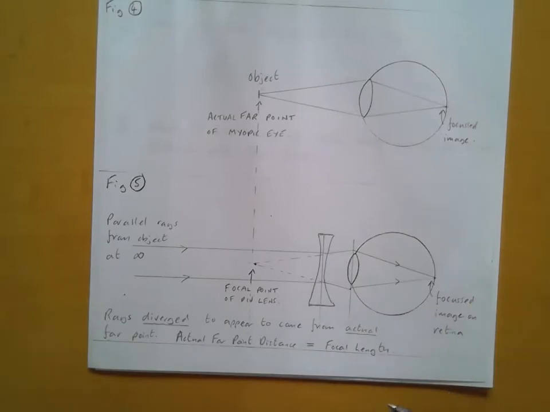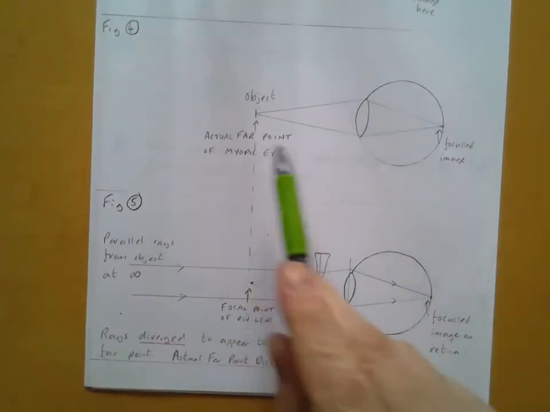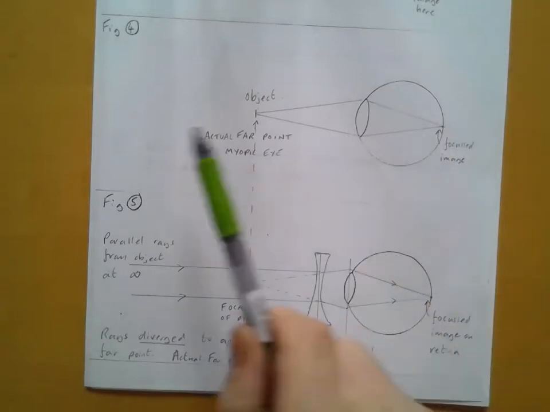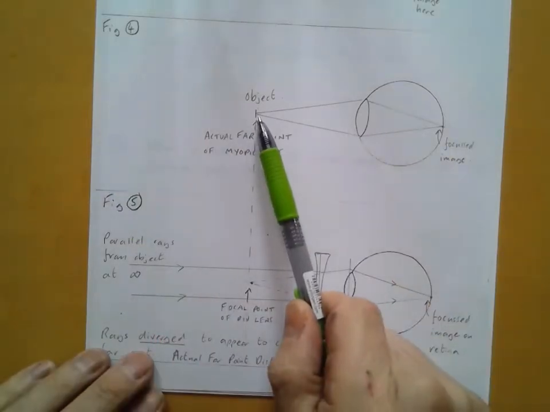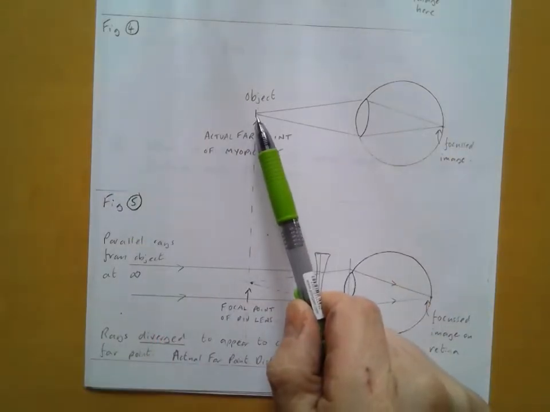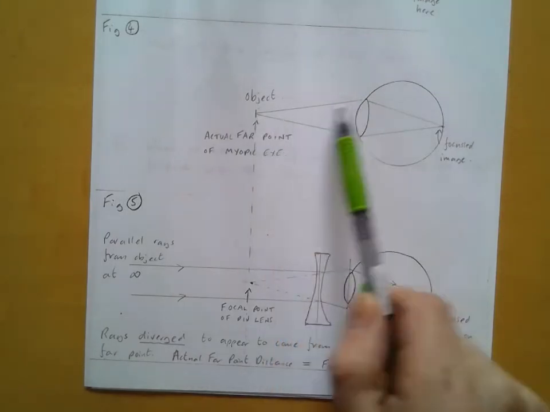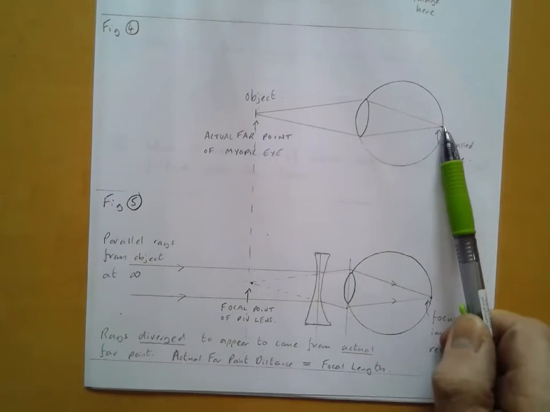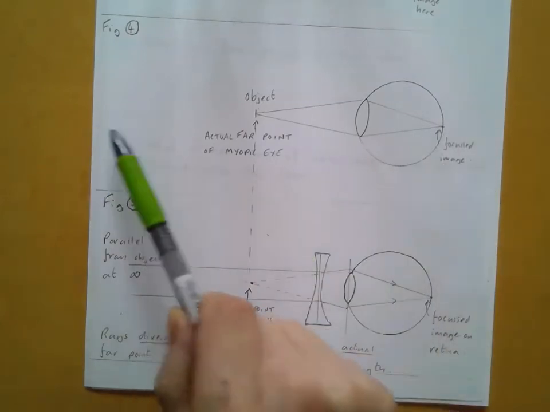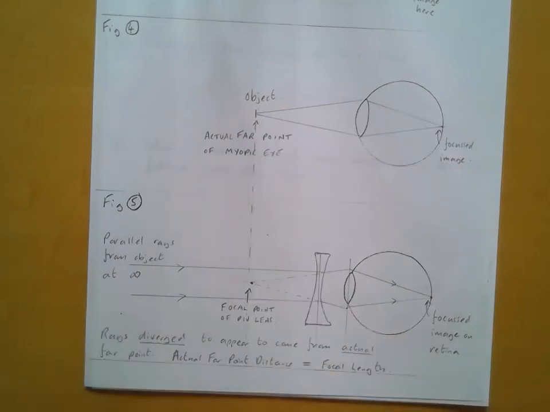Now, if you have an object much closer to the eye than infinity, then the eye can focus those rays on the retina. So the actual far point is much closer to the eye, and in the girl's case it's at 400 centimeters from the eye.